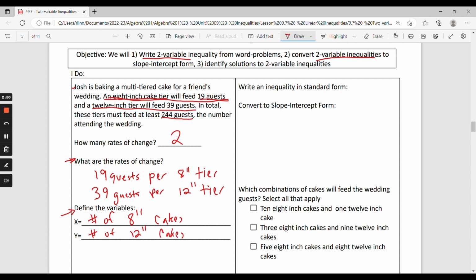All right, so now I need to write an inequality in standard form. Just like equations, our inequalities are going to follow the same pattern, ax plus by. So let's go ahead and write our inequality in standard form. First of all, I've got my ax. I'm going to use my rate of change for my x variable.